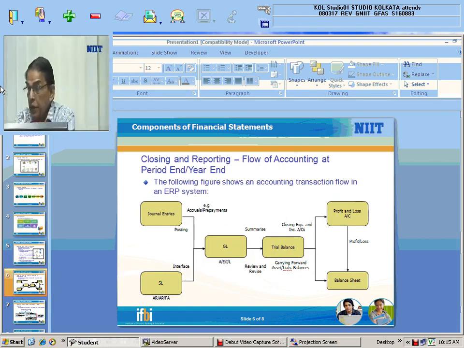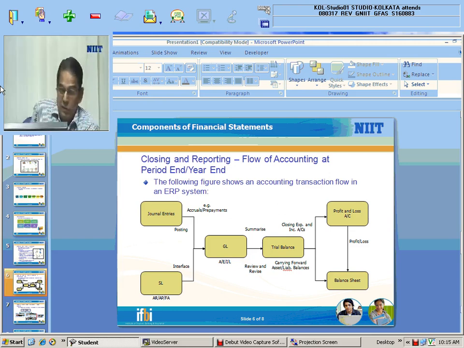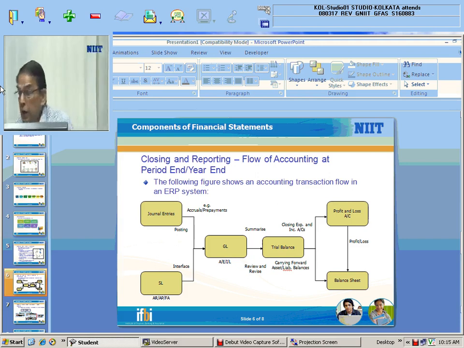So in an ERP system or IT environment, once the journal entries are done, journal entries are posted, they will get posted through interface to various subsidiary ledgers, and from the subsidiary ledgers, posting will be made into the general ledgers.